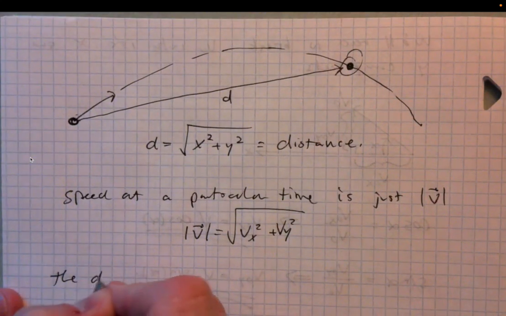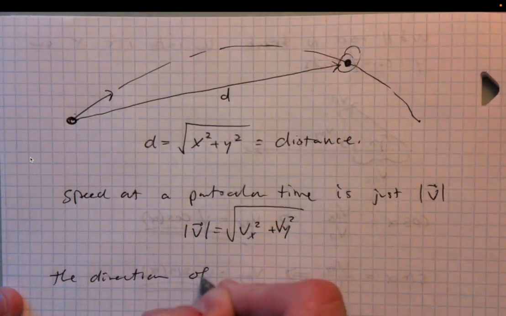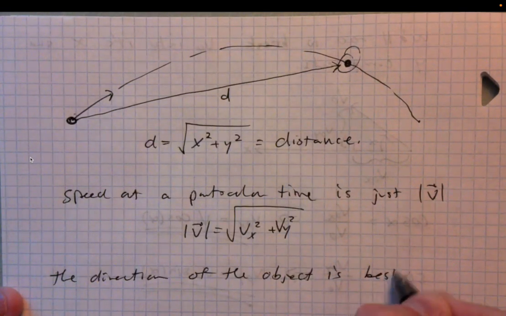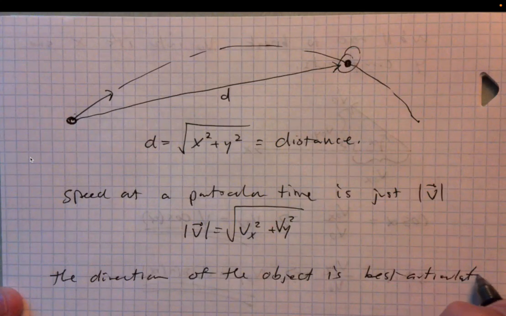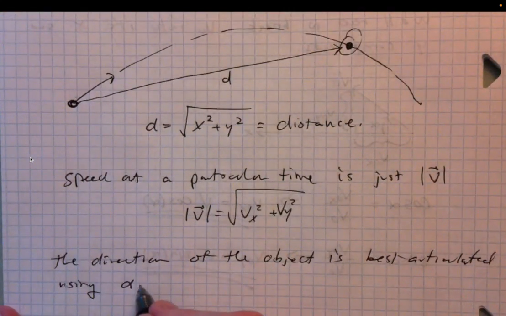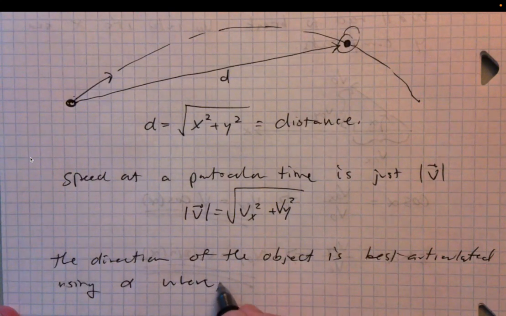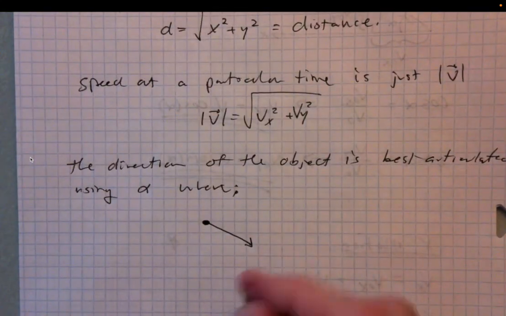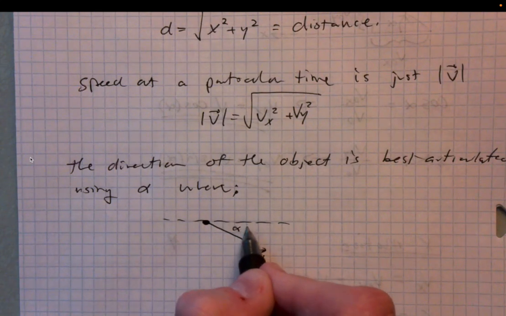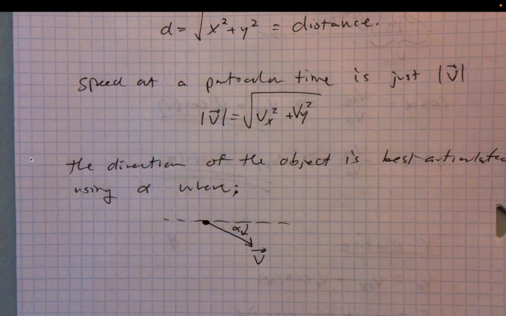So the direction of the object is best articulated using alpha, where if the projectile is in the air and it's moving in this kind of an orientation here, we'll have alpha be the angle that the velocity vector would make with the positive x-axis.